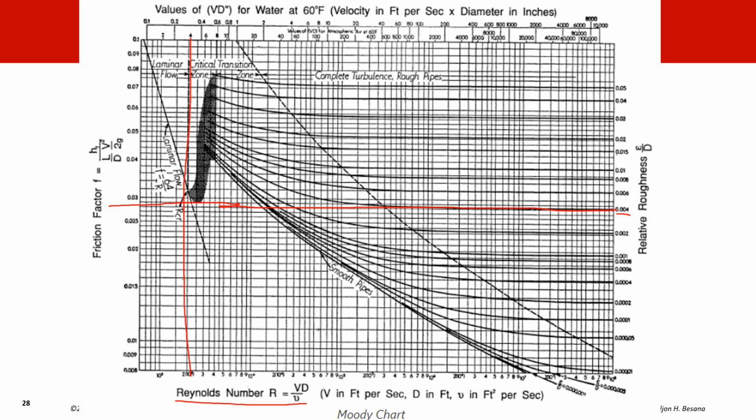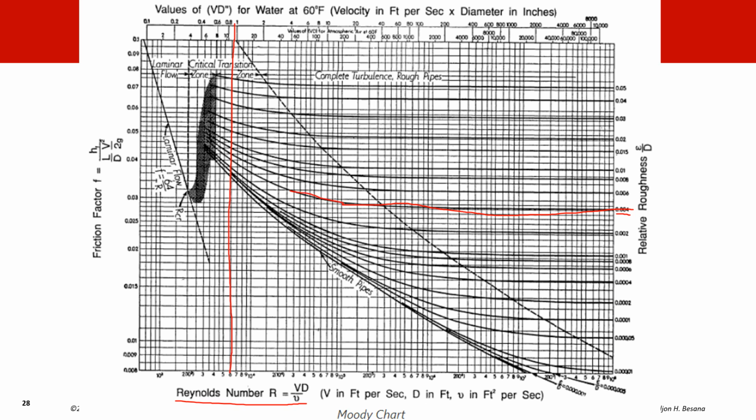But for example, we have a turbulent flow, a Reynolds number of 2,600 here. Then we have a relative roughness of 0.04.